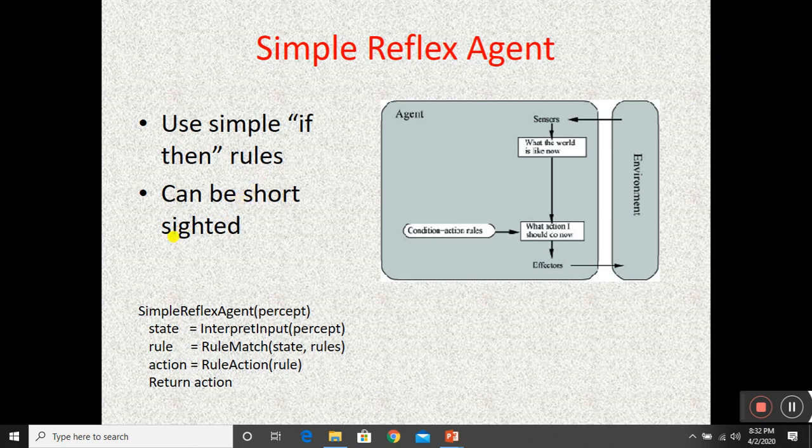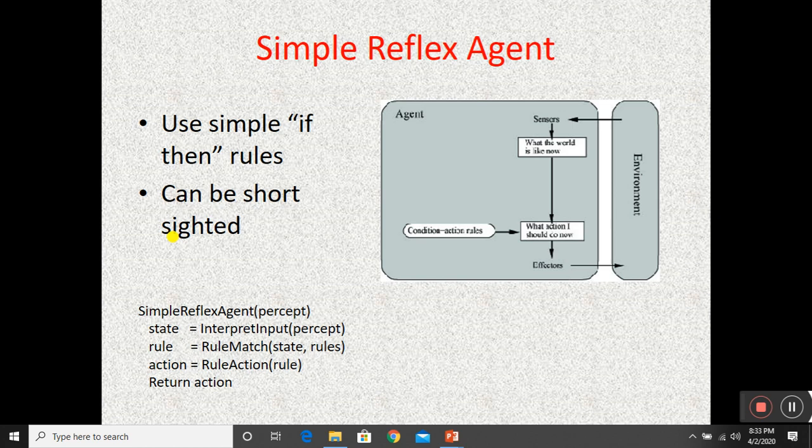In a simple reflex agent, reflex means you have to move or act on the basis of the environment. Like you are playing a cricket match, you have a bat in hand, and when you look at the ball, then you move your bat. So these are your reflexes.